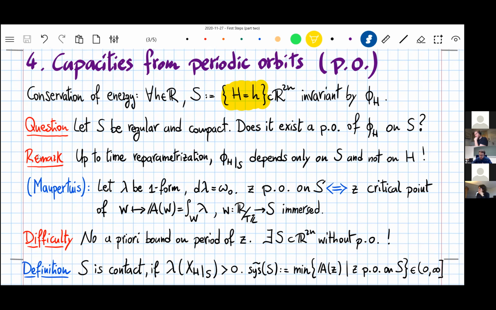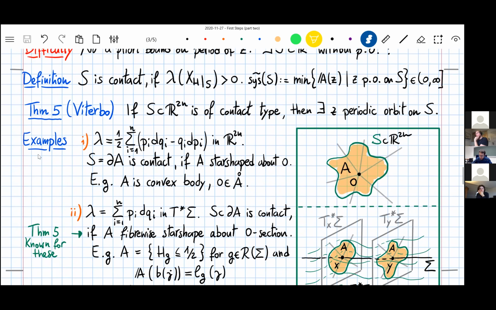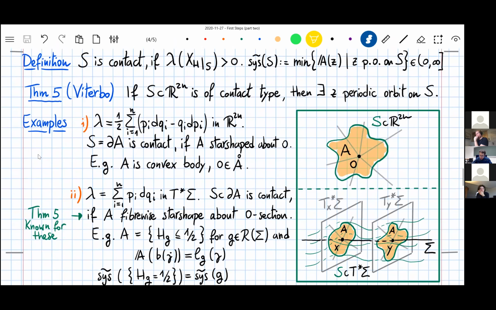But actually, we introduce this contact hypersurface because then for this we have better results. The very good result that we have is the theorem of Viterbo from '87, saying that if you have a hypersurface in R^2n which is of contact type, then you will find a periodic orbit on S. Being of contact type is something which makes sense on arbitrary symplectic manifolds.